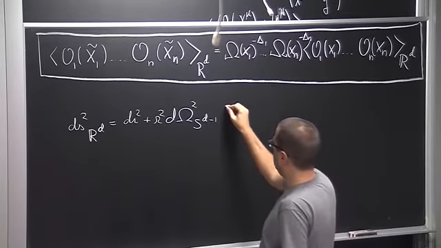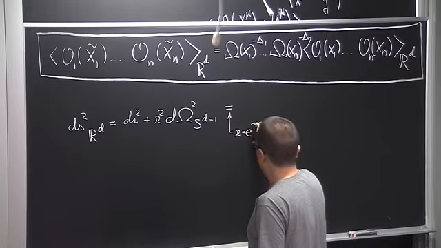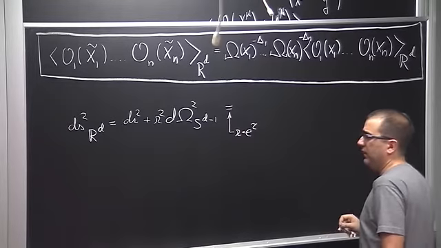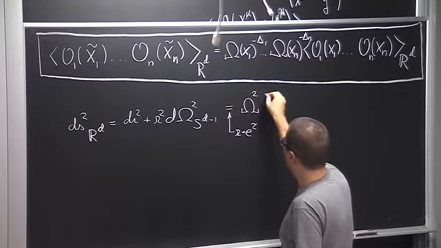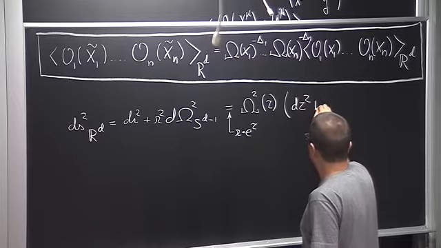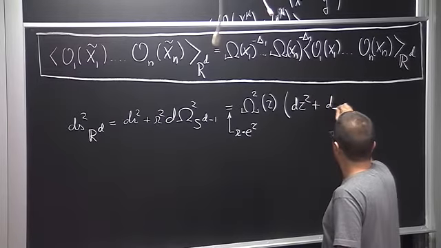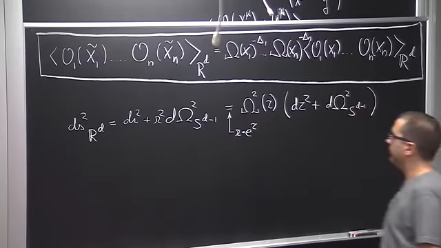And we write this. If you introduce the variable r equal e to the tau, then this is nothing but there will be an omega squared of tau that you can immediately tell me what it is, times d tau squared plus d omega squared in S d minus 1.